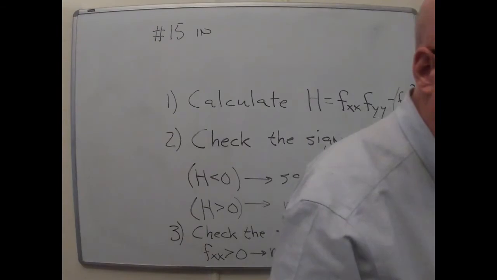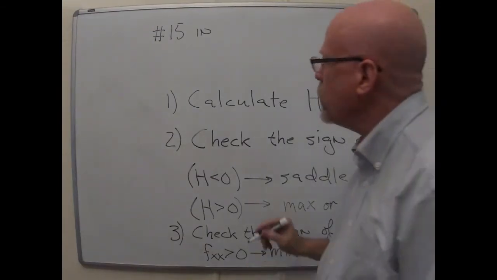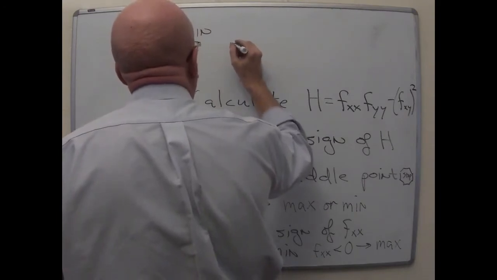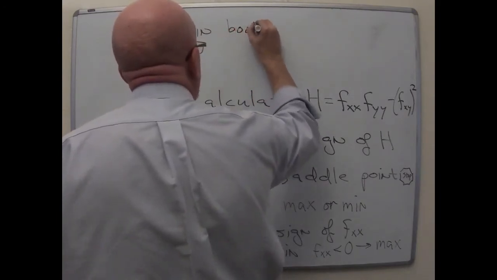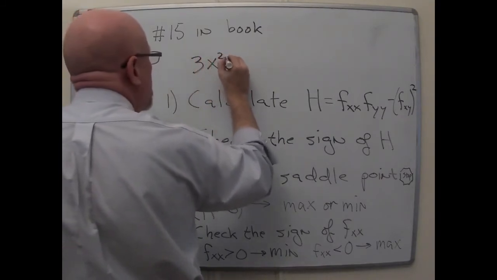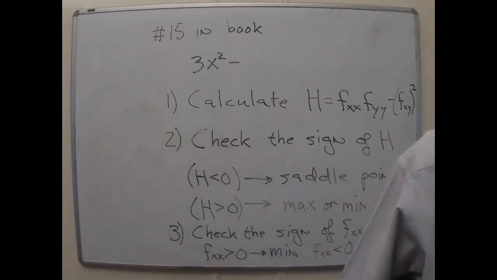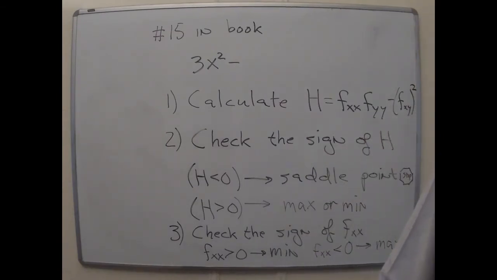What was that again? 15. 3x squared plus 3y minus y cubed. One more time before I lose it. 3y minus y cubed.